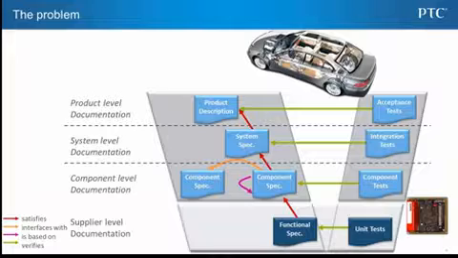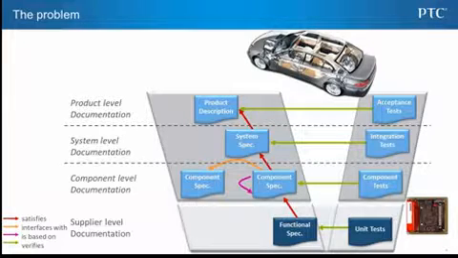The first three levels here, the product level documentation, system level documentation, and component level documentation, are defined, elaborated, and created in one system, with a number of different relationships between them for traceability, decomposition, verification processes, as well as eventual connectivity to the product information.